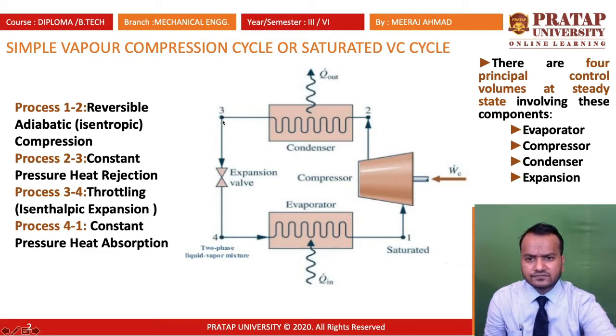After that, this saturated liquid refrigerant is expanded in the expansion valve, so the saturated liquid is converted into a two-phase liquid-vapor mixture. The expansion valve works on the throttling process, which means the enthalpy is constant. At points 3 and 4, the enthalpy is constant.